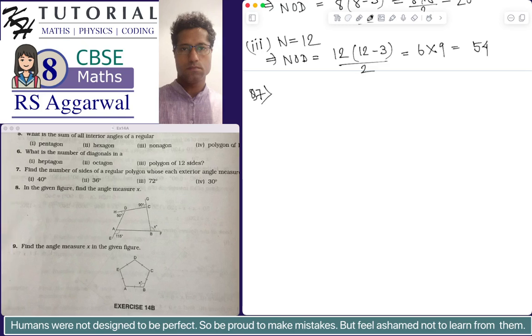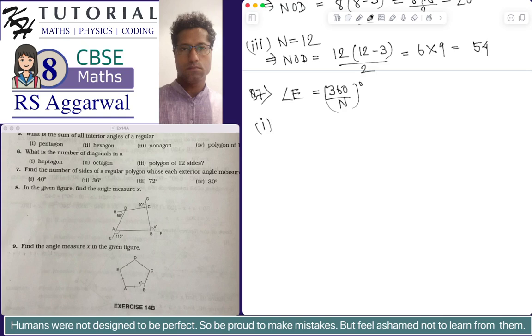We know that the formula of each exterior angle of a regular polygon of n sides is equal to 360 divided by n, this much degrees. So this is the relation between each exterior angle and the number of sides of a regular polygon.